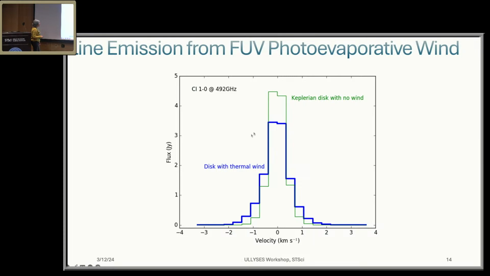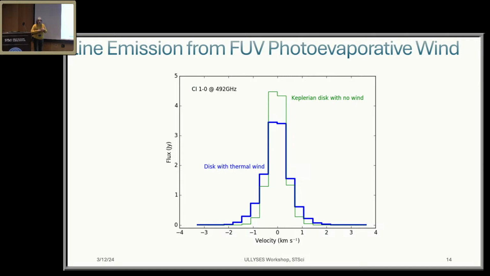This is a model that I created trying to figure out what the C1 emission would be, for observing with ALMA. But you can see that there is actually very little. The green curve is the disk with no wind, and the disk with the thermal wind only has a slight wing, so it's not very easy to detect these winds.